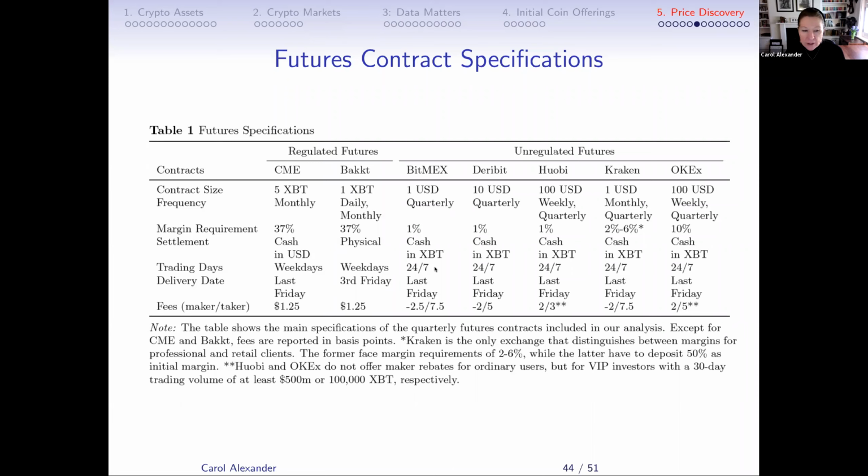Traded 24/7, and we are just using the biggest contracts, the quarterly futures. On the perpetuals, there's no maturity, as you know. And the negative fees for the maker on BitMEX, Deribit, not Huobi, but Kraken as well, show that a lot of that volume that we see may well just be artificially inflated wash trading.